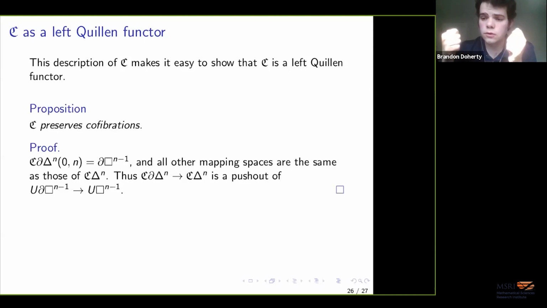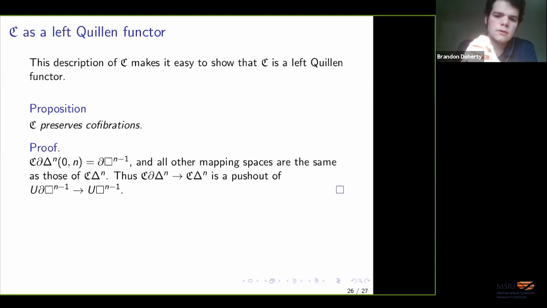So first of all, we can show that it preserves cofibrations using this description. Using this necklace description, we can compute, if we apply C to the boundary of an n-simplex, what we'll get is that the mapping space from 0 to n will be the boundary of the n-1 cube, and all the other mapping spaces will be the same as the corresponding mapping spaces in C of delta n.